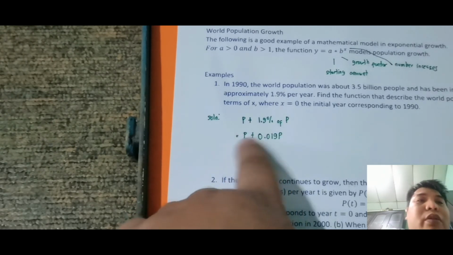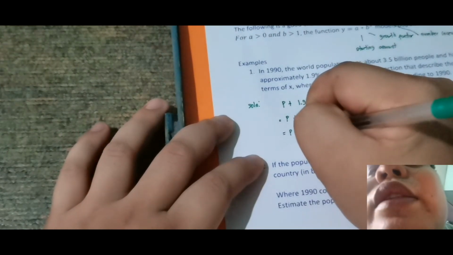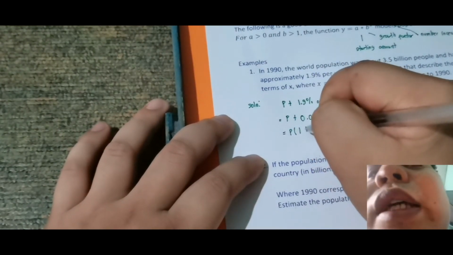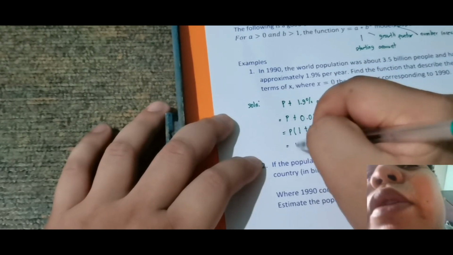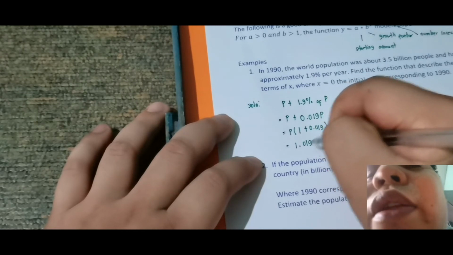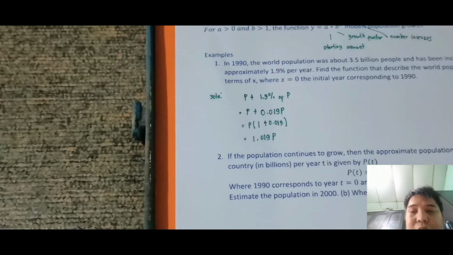So there is a 1 here and 0.019 here. In other words, this is P times the quantity 1 plus 0.019. Or simply this is 1.019 of P. So we have 1.019 of P increase every year.